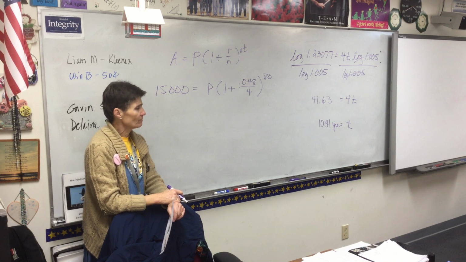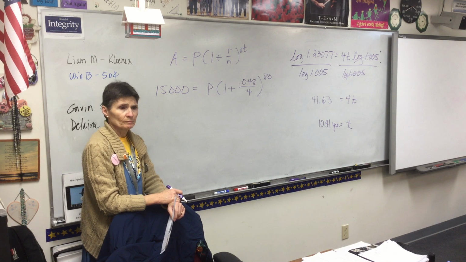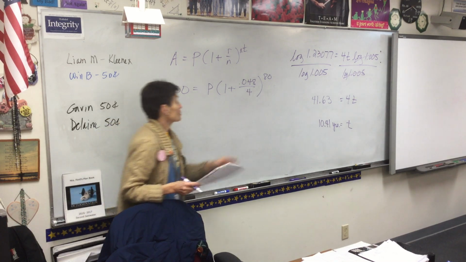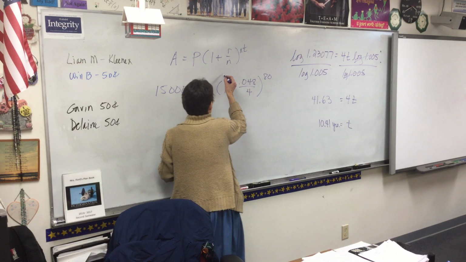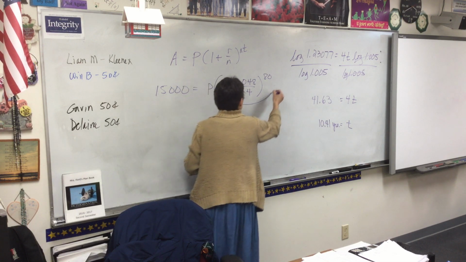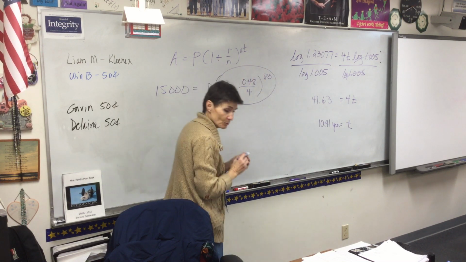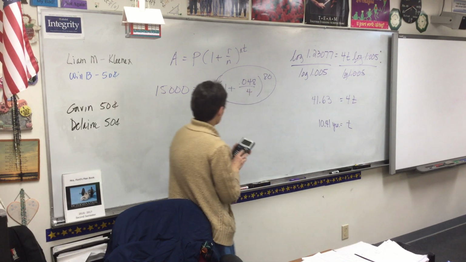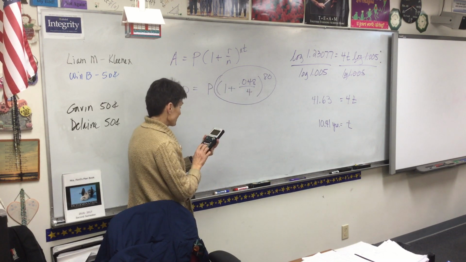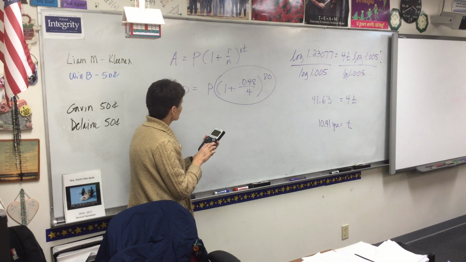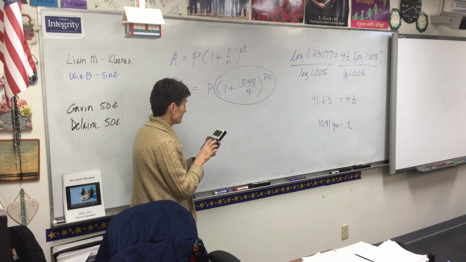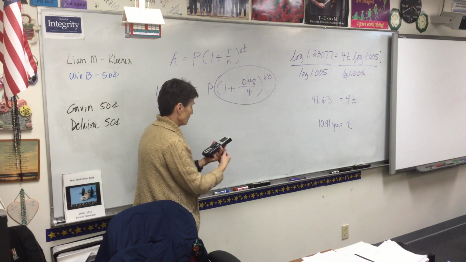Any ideas how we'll figure this out? Figure out what this is? So, Naya says, type this in on your calculator. You know how to do that. Parentheses, 1 plus 0.048 divided by 4, close parentheses to the 80th.